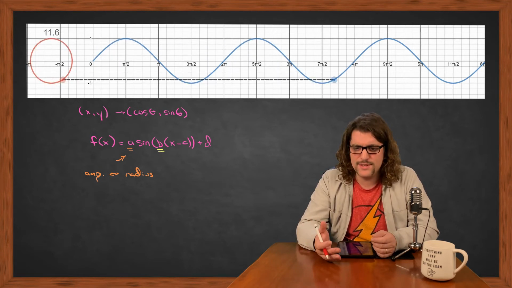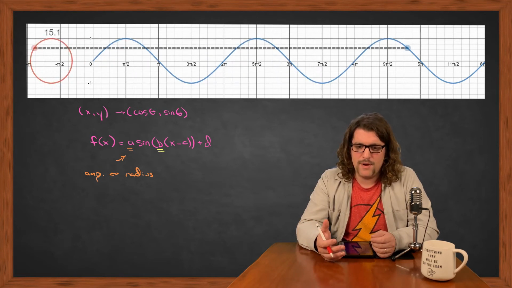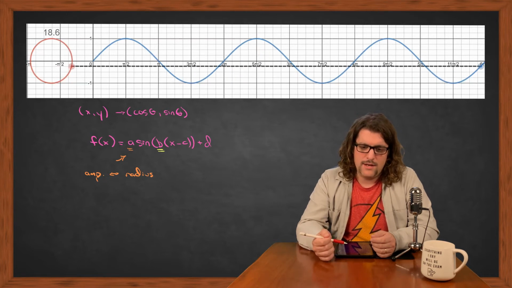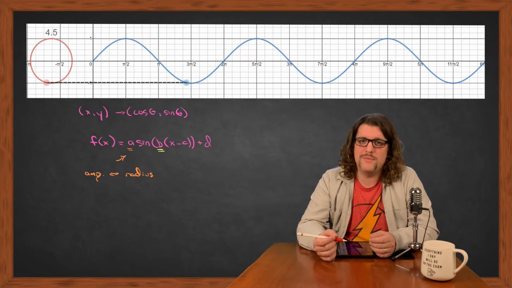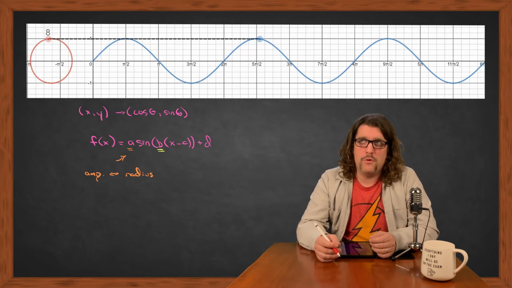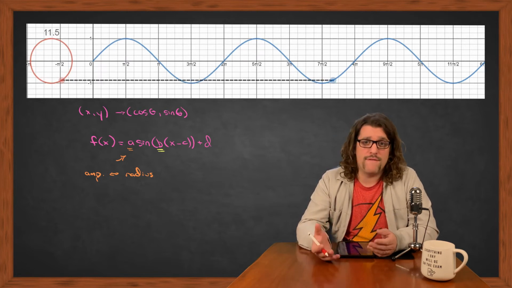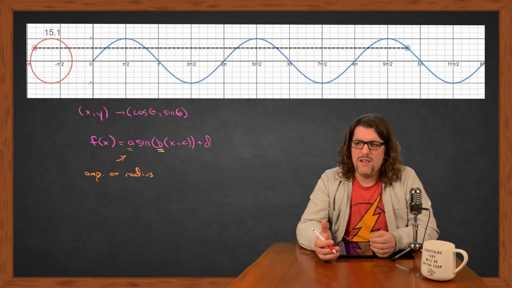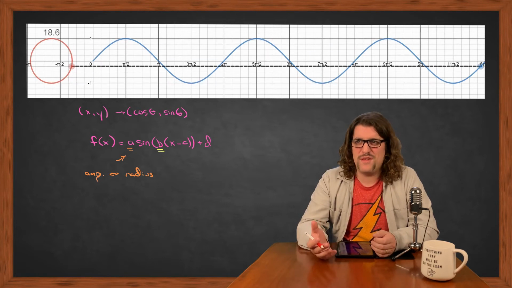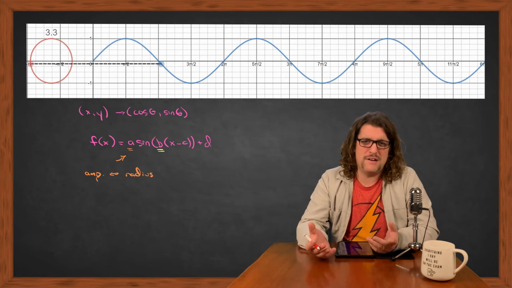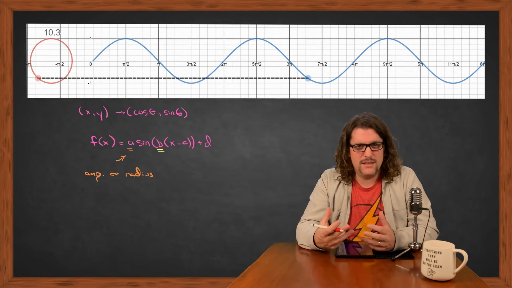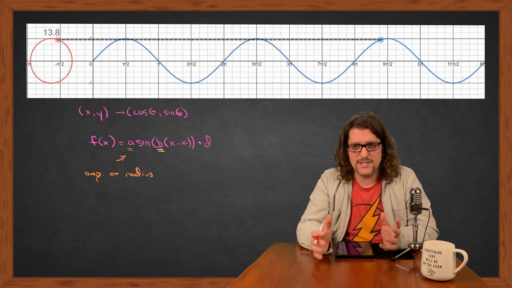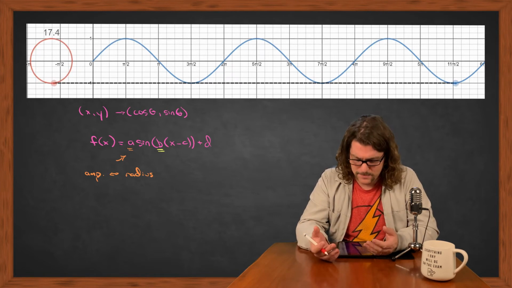For instance, if I am talking about somebody going around a Ferris wheel, it would be more natural to say they've been on the ride for, let's say, 45 seconds, as opposed to they've rotated through 815 degrees worth of angle. That just doesn't fit as naturally into our concept of what that actually means.